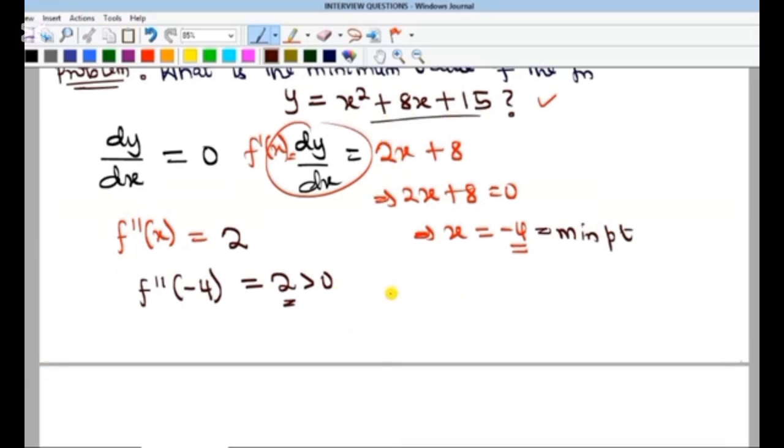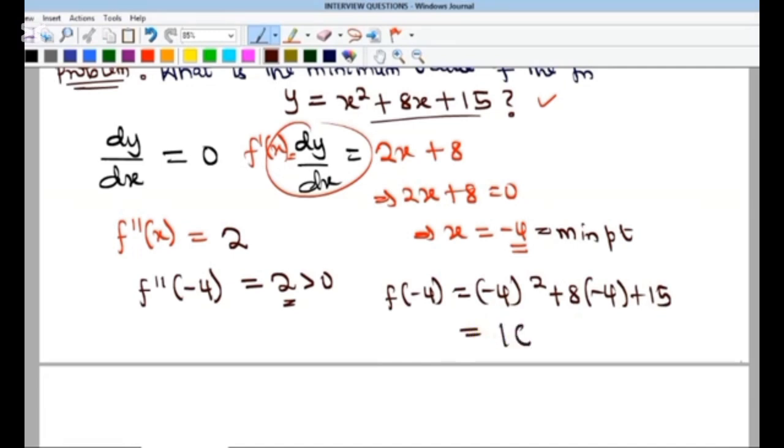And so we are going to have that f of negative 4 is going to be equal to negative 4 squared. If we evaluate this, we are going to have 16 minus 32 plus 15, and that is equal to negative 1. And this is the solution to this problem.